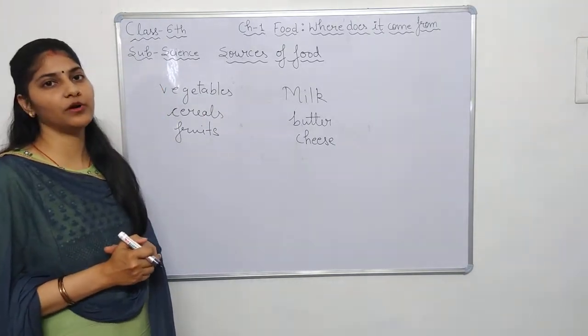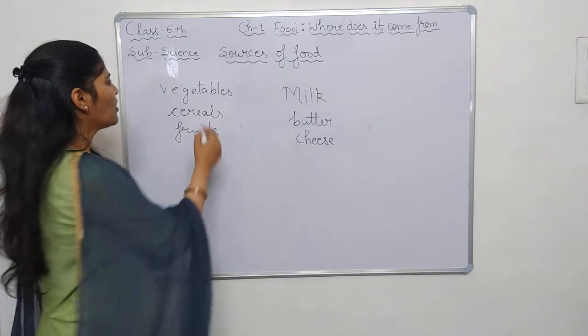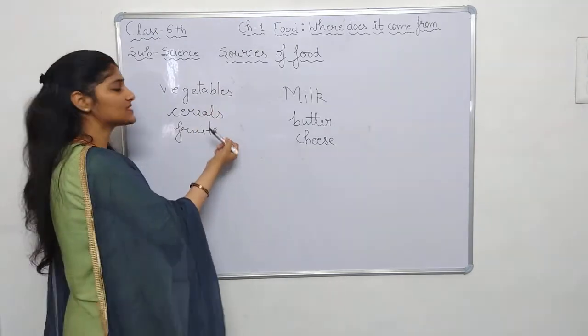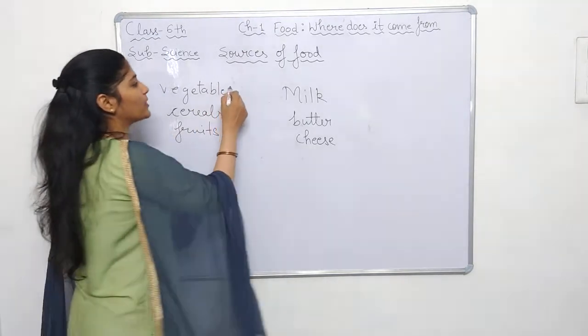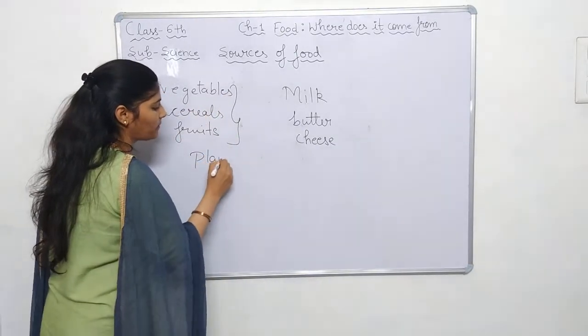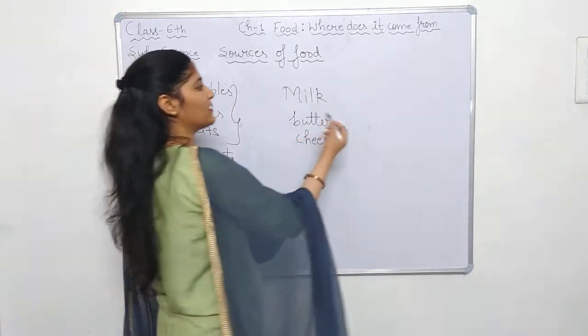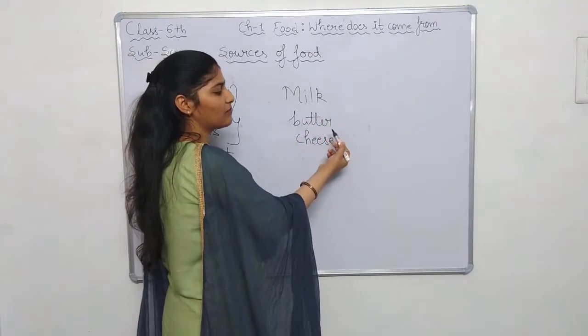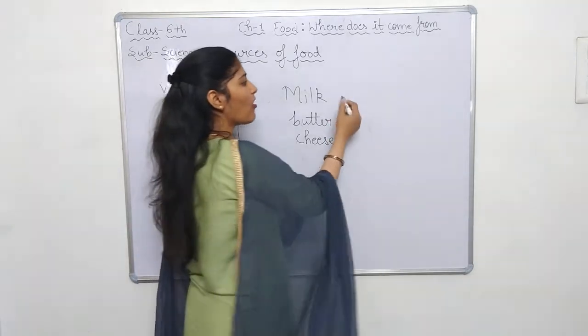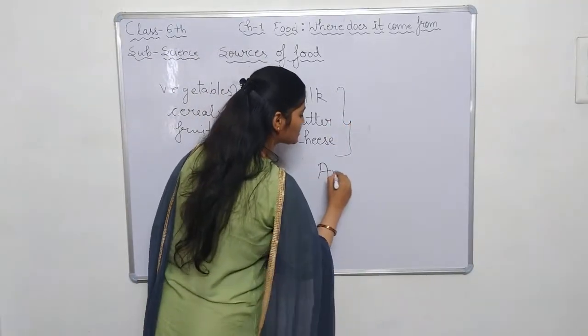If we think deeper, we will come to know that vegetables, cereals and fruits, all these things we get from plants, right? And milk, butter, cheese, all these products we get from animals.